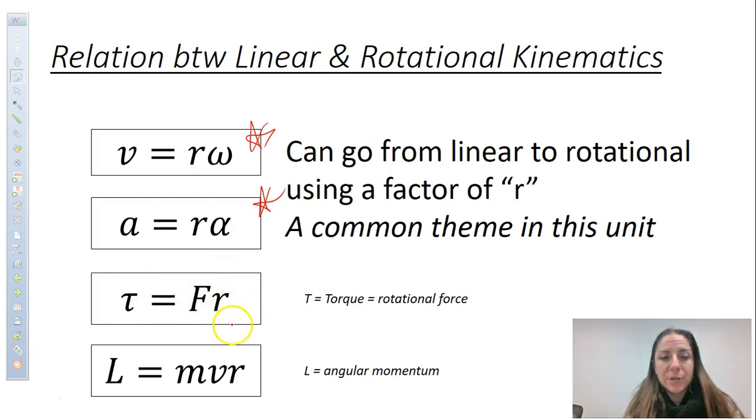Of course, this will make more sense later, but the point is that we can go from a linear force to a rotational force by a factor of r. Same thing, we're not there yet, but we can go from a linear momentum, mv, to an angular momentum by a factor of r. So this is how we're going to go from one mode to another, from linear to rotational. And of course, we'll see these trends as we move forward.